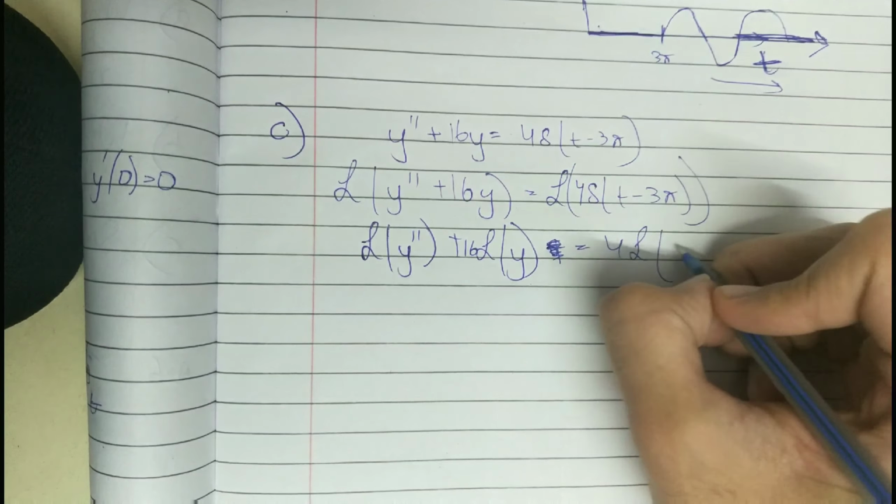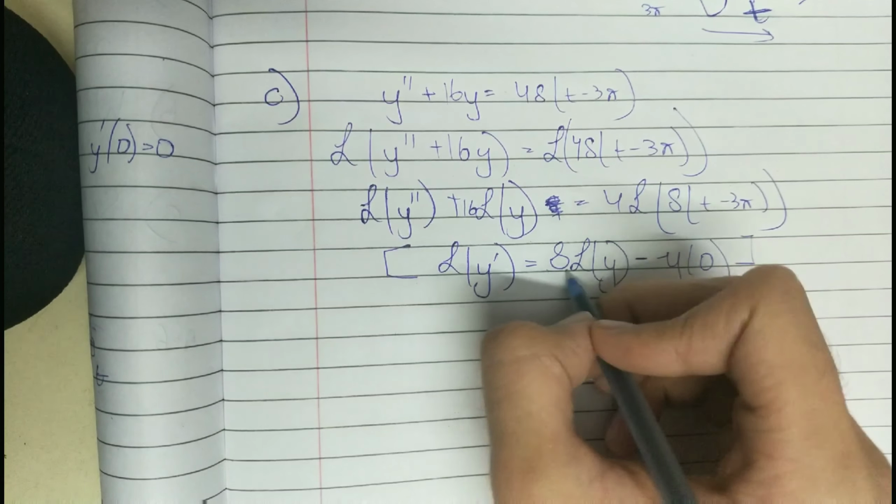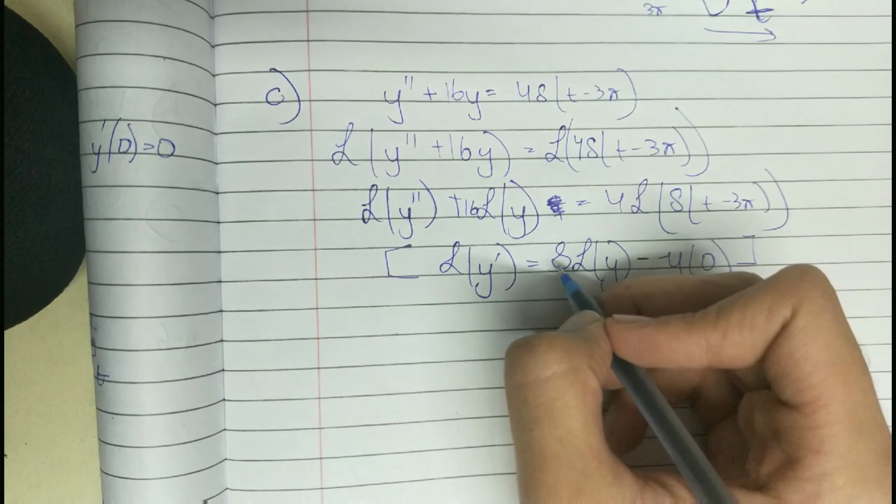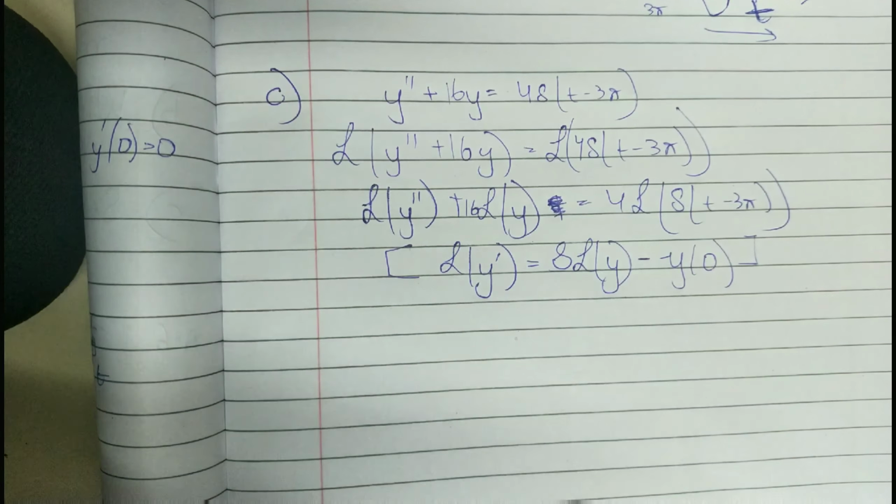Now there's a formula for the Laplace transform of a derivative, and it goes something like this: the Laplace transform of y derivative is equal to the product of s and the Laplace transform of y minus the value of y at 0, right? Where s is basically our complex variable that comes in the definition of the Laplace transform.